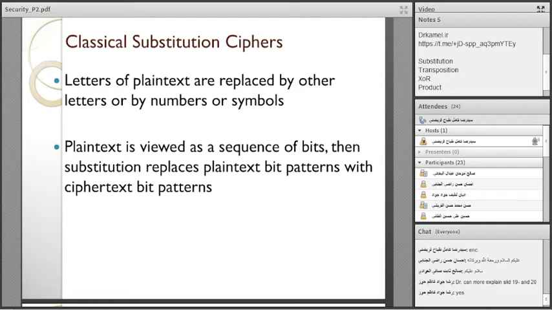Here I will explain again. You can take a look at note 5. We have substitution, transposition, XOR, and products. There are 4 things that we are going to discuss.